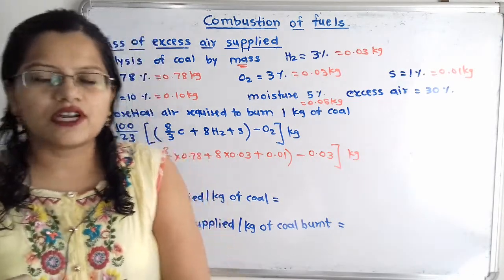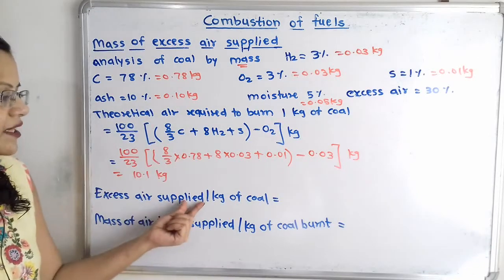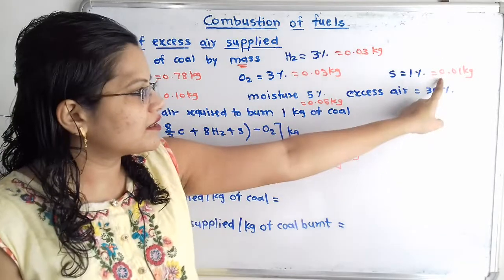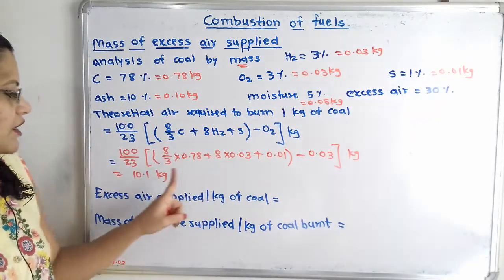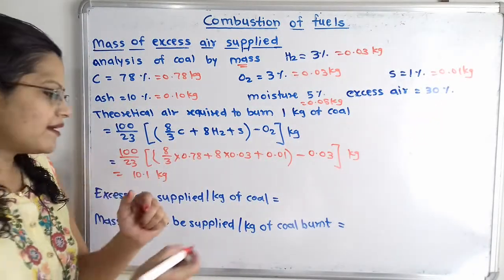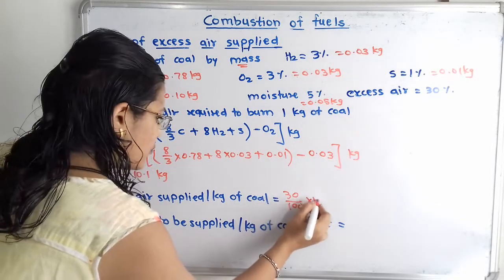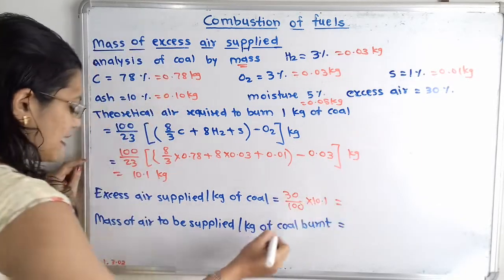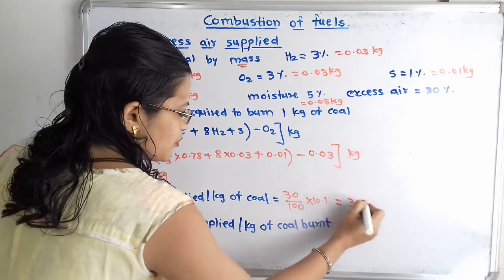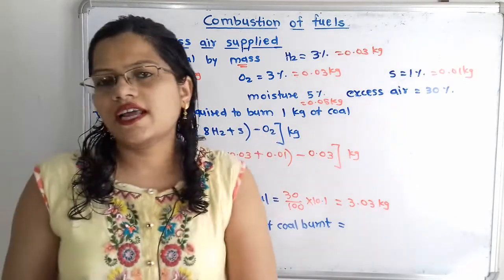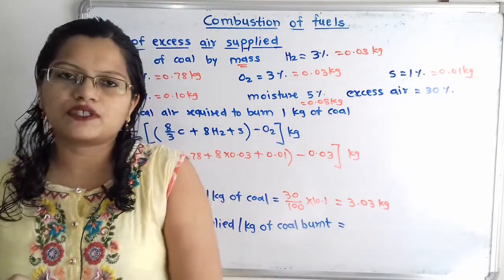Now we will calculate the excess air supplied per kilogram of coal. This excess air is 30% of the theoretical air, so 30 by 100 multiplied by 10.1. When we calculate this, we get 3.03 kilogram. Now what is the total air supplied for the combustion process?